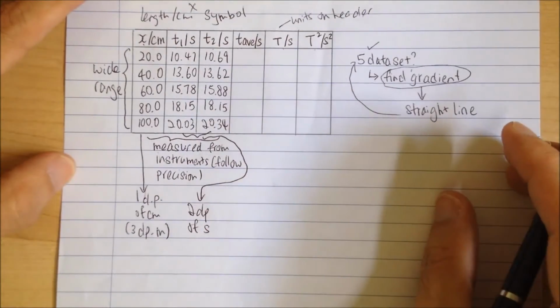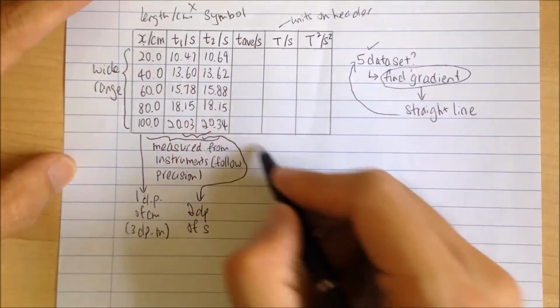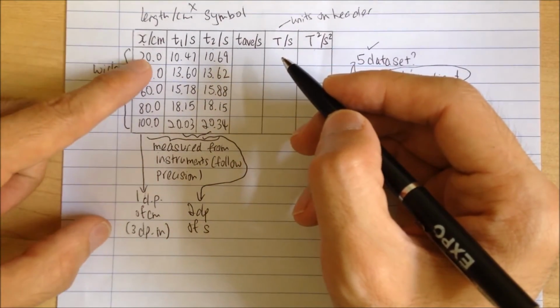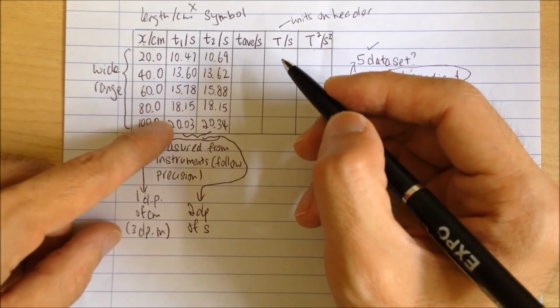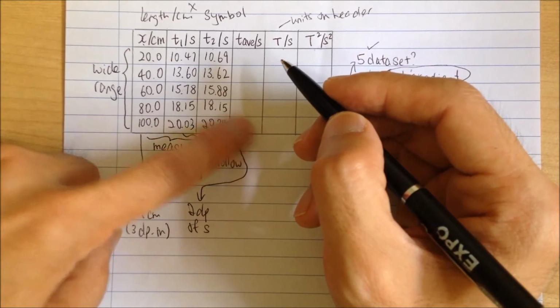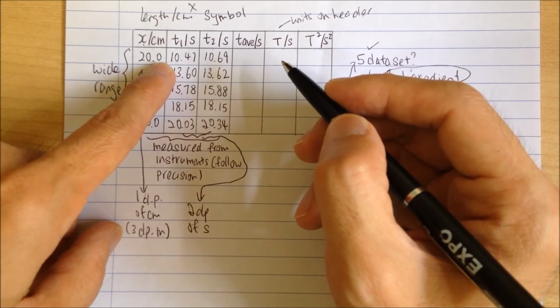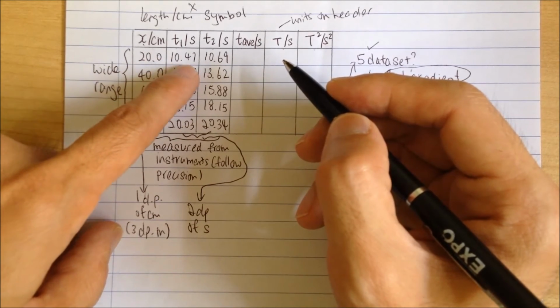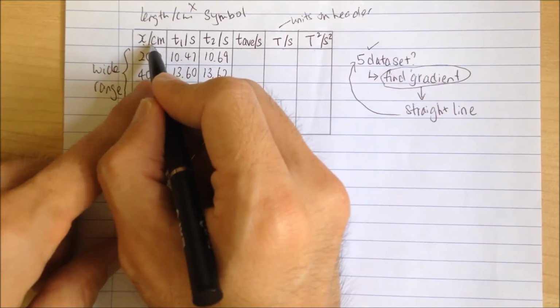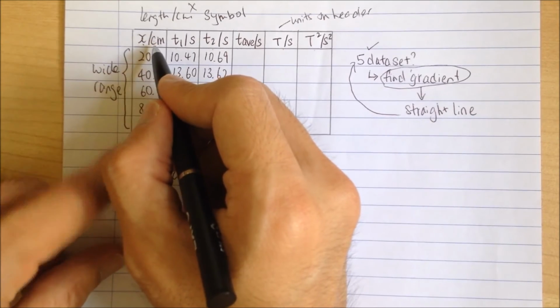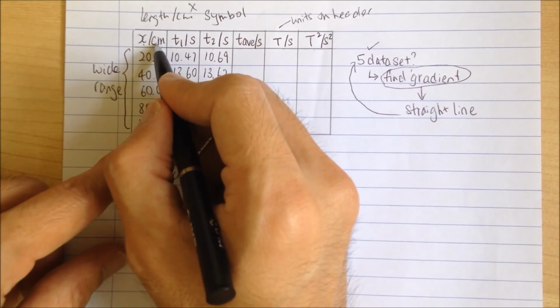So the last thing before I calculate all these other values that I need to stress to you is that if you look at this data here, we do not put any units. That means I don't put 20.0 cm, I don't put 10.47 seconds. The reason is because you have already written here, in this header, this column is all in centimeters.